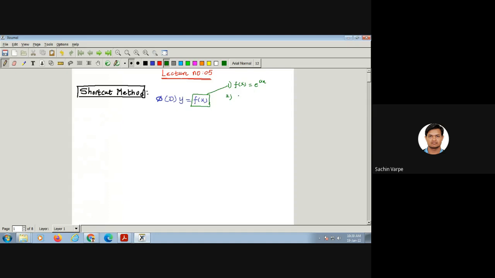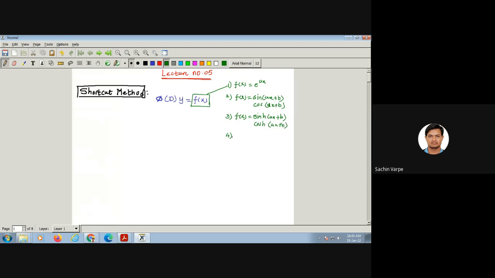If f of x is a sine function or cos function, then we have a shortcut. If f of x is a hyperbolic function, hyperbolic sine of ax plus b or cos hyperbolic of ax plus b, then we have a shortcut.